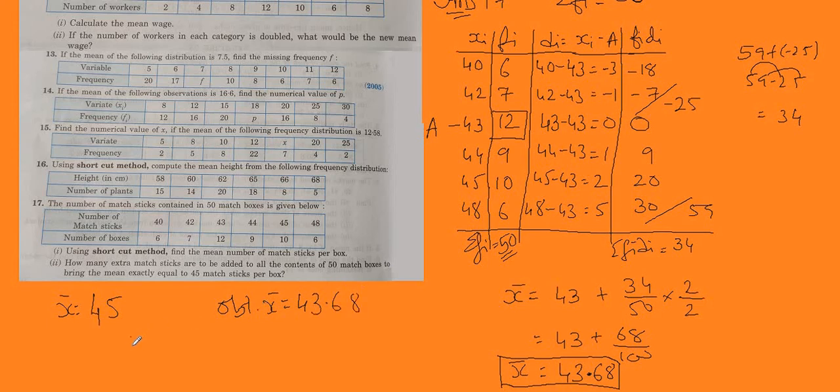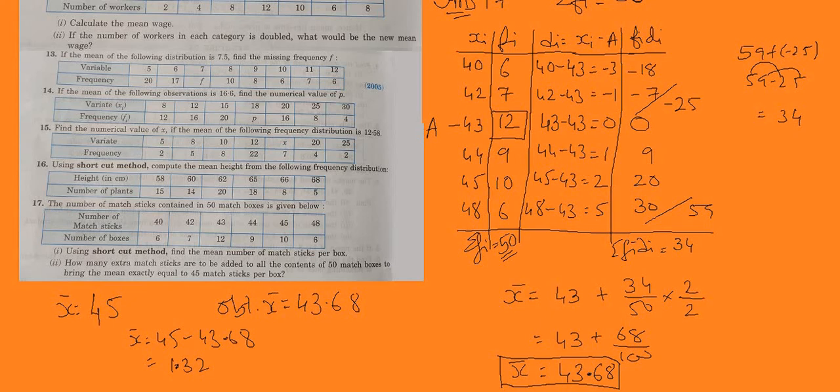So what is the difference? 45 minus 43.68 comes up to 1.32.